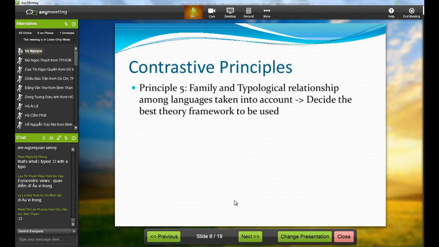So when you write your essays comparing, let's say, English and Vietnamese, it is always a good idea to, actually it depends on the nature of the essay too, but it's a good idea to discuss the differences in typology between the two languages. So can you translate typological relationship for me into Vietnamese? What do you call it in Vietnamese? Please type into the chat window.